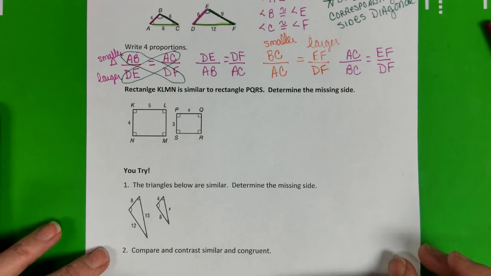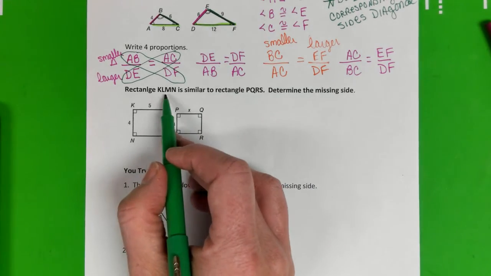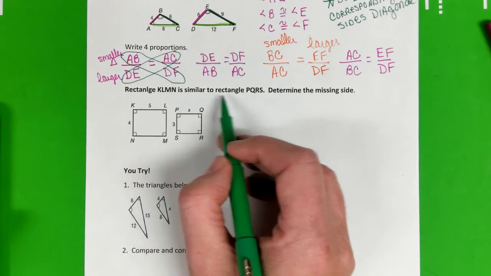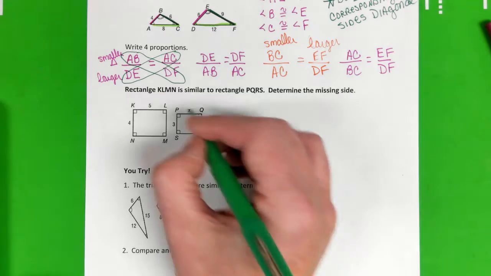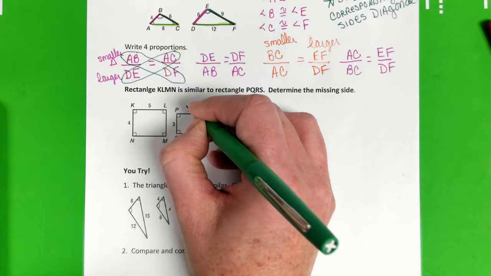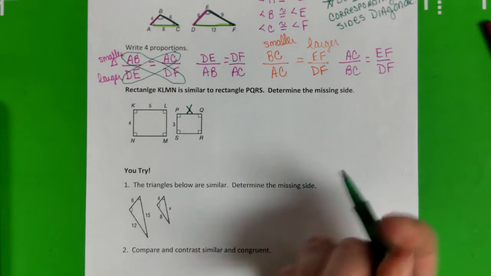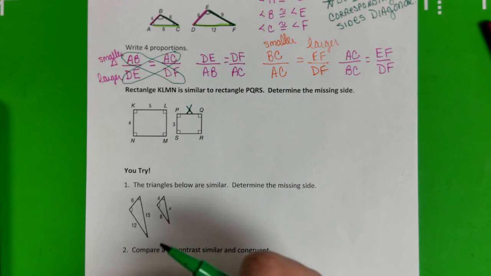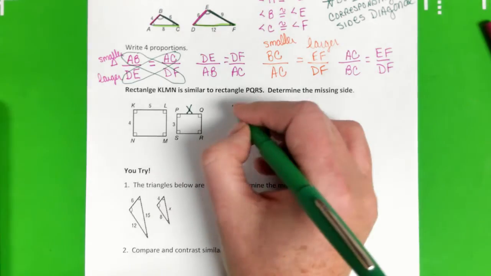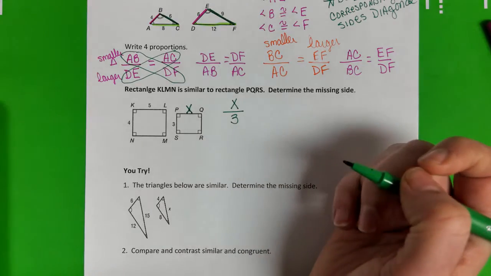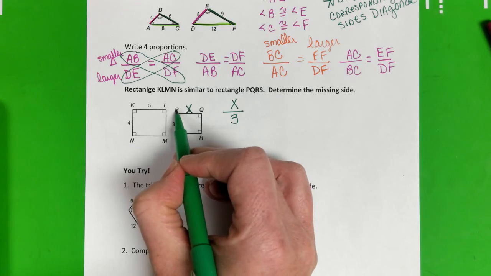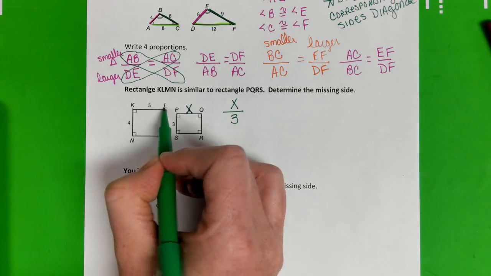Okay, here is another example. Rectangle KLMN is similar to rectangle PQRS. Determine the missing side. Here is our missing side, X. And we can write this proportion lots of different ways. We can start by saying X over 3. What goes with PQ? Well, that would be KL, right?